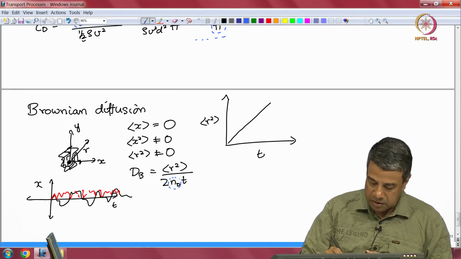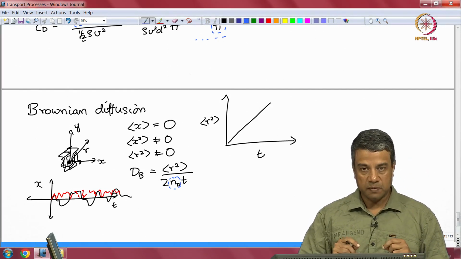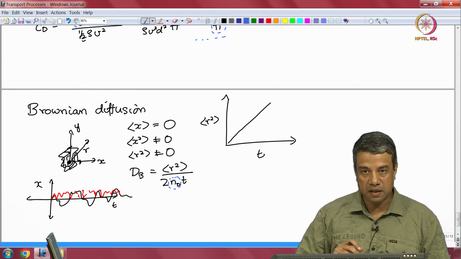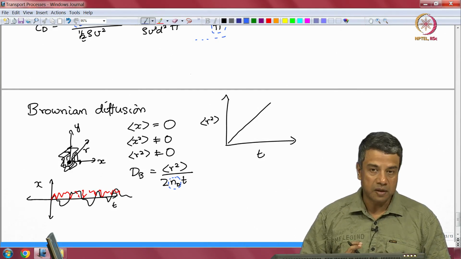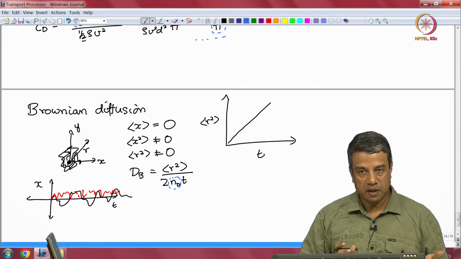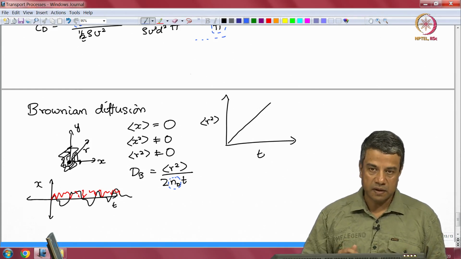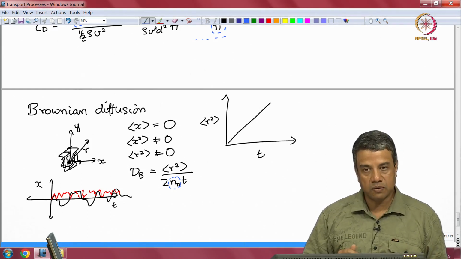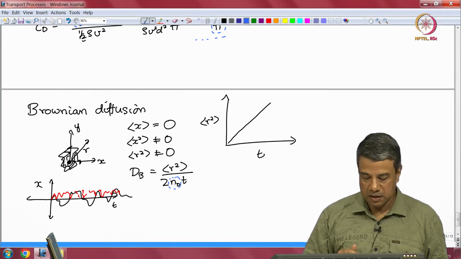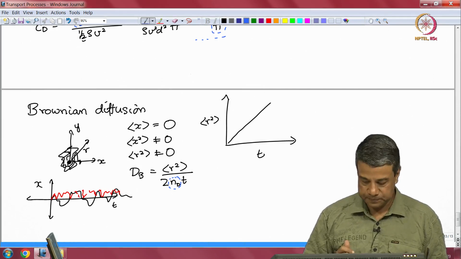So, if I am looking at a particle moving in just one dimension, going back and forth left to right, nd is 1, and r square by 2t is equal to the Brownian diffusion coefficient. If I am looking at a particle moving in a plane, confined to 2 dimensions, nd is equal to 2, and r square by 4t is the Brownian diffusion coefficient, and in 3 dimensions it is equal to r square by 6t.